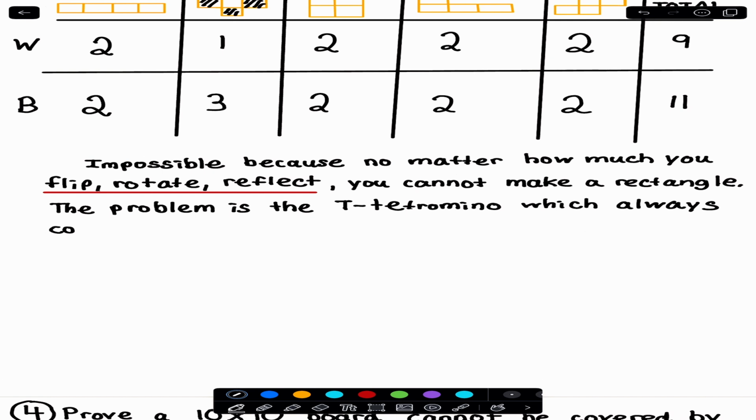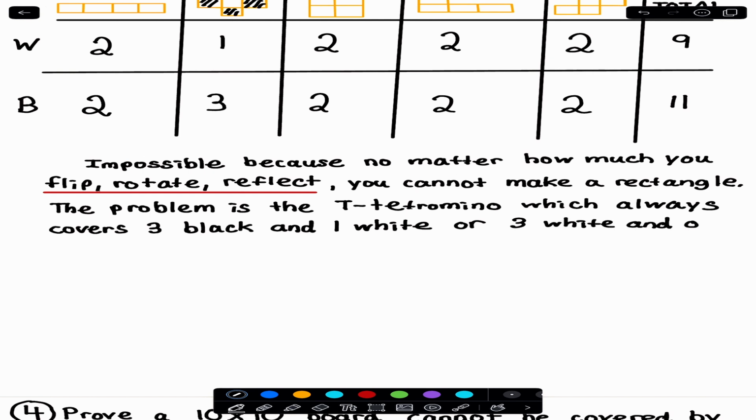Because it always covers 3 squares of one color and 1 square of another. So I'm just writing it out like this, just spelling it out. Or 3 white and, let's be consistent, 1 black square.